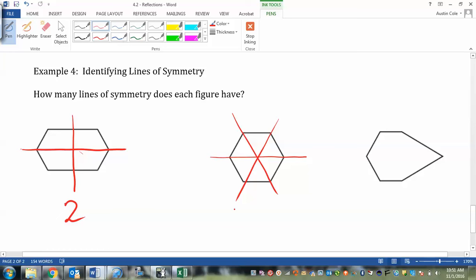No, there's more. What do you mean, Shane? You can cut it in half again. What do you mean? Not through the vertices, but like in between the two. Oh, so instead of drawing them on the vertice, let's draw it right in the middle of a side. Yeah. So there's one. So would there be infinite? Ooh.